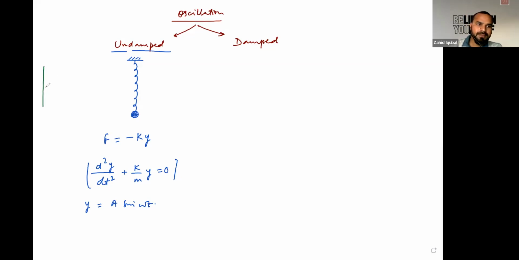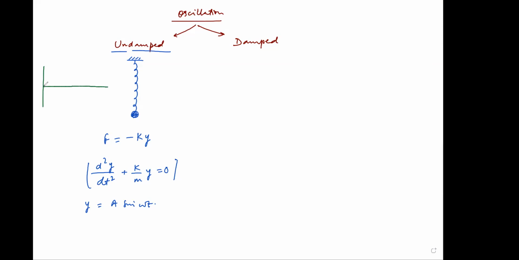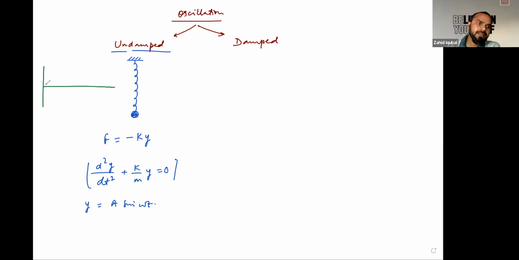Yes, sir. So if you plot a graph related to this part, it will be like this. So amplitude of the oscillating body will be constant in this part.